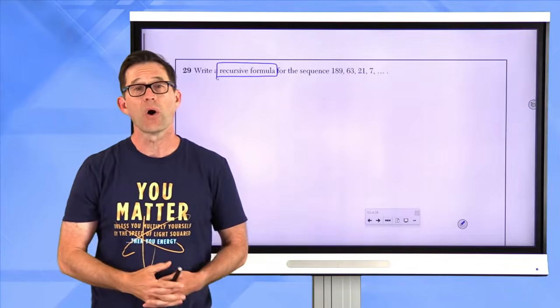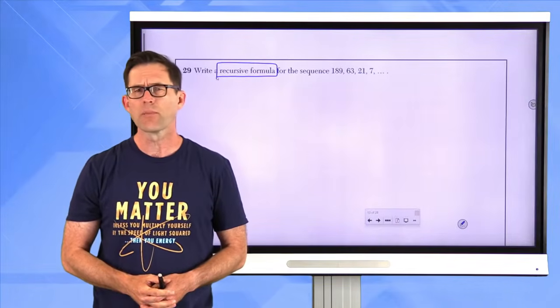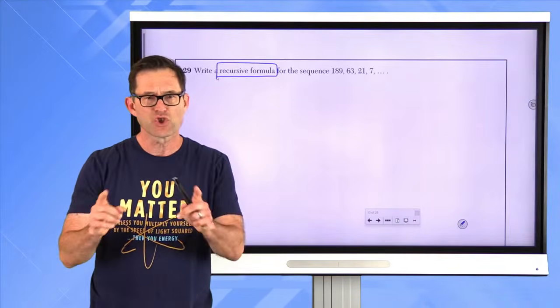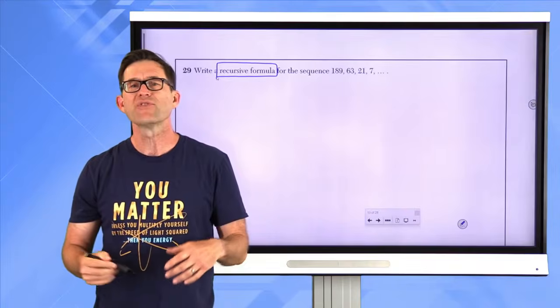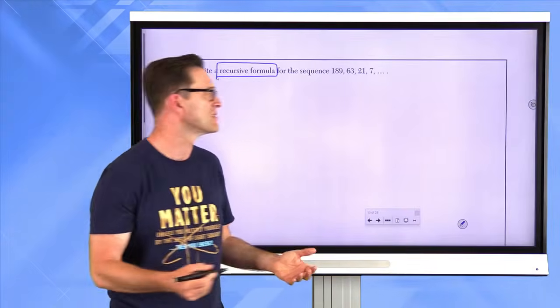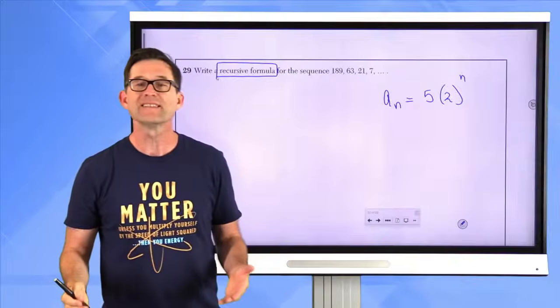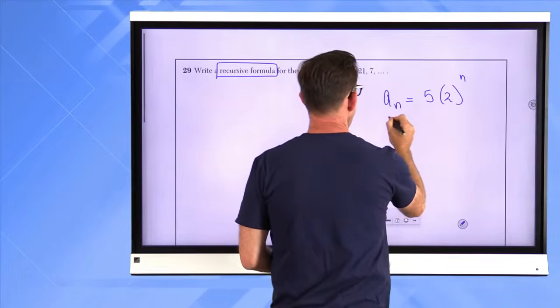One of them is called an explicit formula. That's a formula where I can literally just plug in the value of n, which term I'm looking for, and it will tell me the value. So for instance, something like this. A sub n equals, I don't know, 5 times 2 to the n.